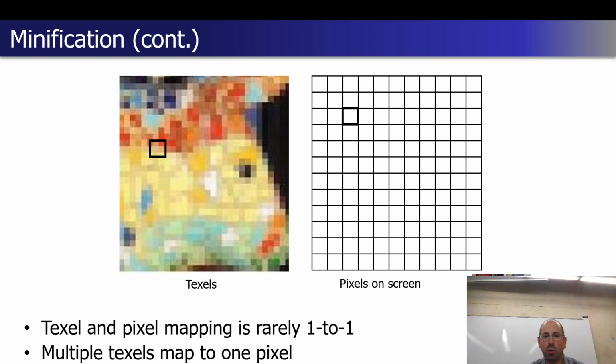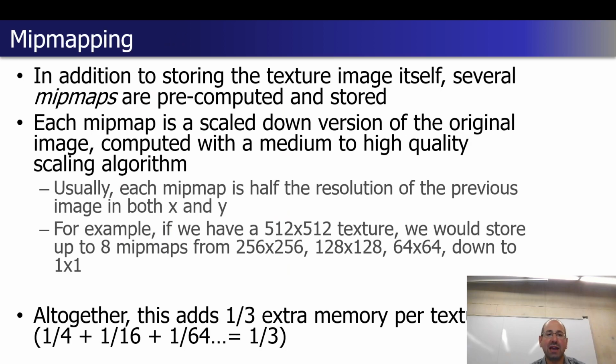Again, it's rarely going to be a one-to-one thing. Minification is the case when it's really far away, and then that address corresponds not to just one texel, but a whole bunch of texels. In theory, you can still do an averaging, but the end result doesn't look very good. The common approach still used today is referred to as MIP mapping, and there are all sorts of automated or manual efforts to provide different scalings of the textures.